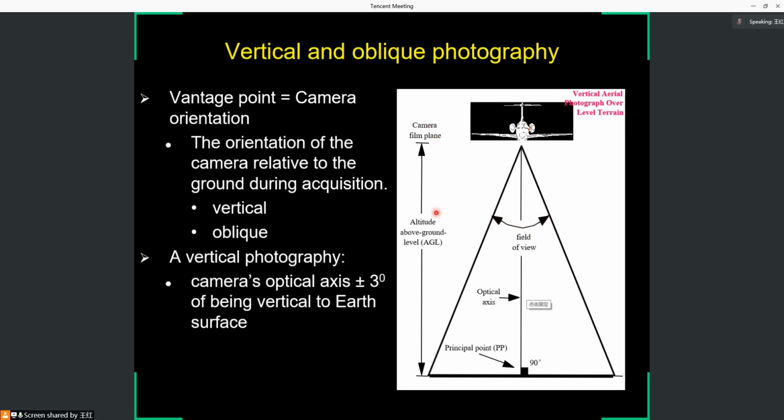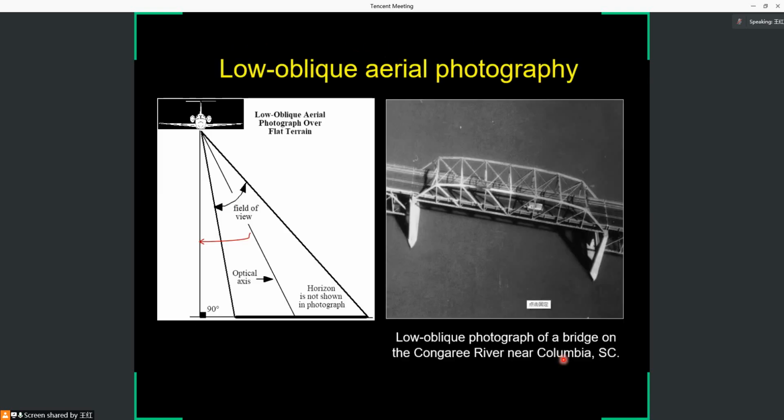Okay, so this is AGL altitude, and this is some parameter PP. This is the field of view. And sometimes if we want to know the height of the building or the height of the trees, if you see it from the vertical, you cannot get this information.